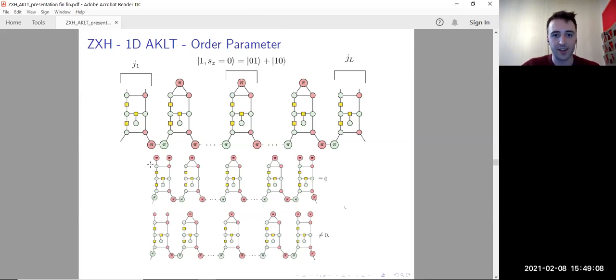Now here what we're doing is we're going to demonstrate this entirely diagrammatically. So here you've got an AKLT chain, an AKLT state, where we've applied the spin 0. That is the spin 0 in terms of a spin 1 representation, if you follow me, as in you have +1, -1, and the 0 in the middle.